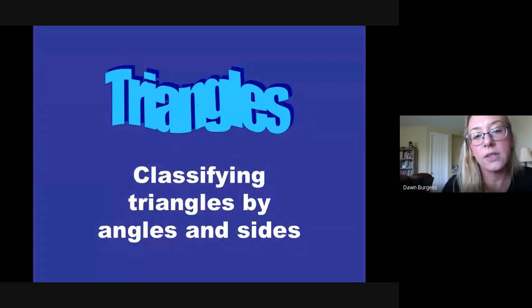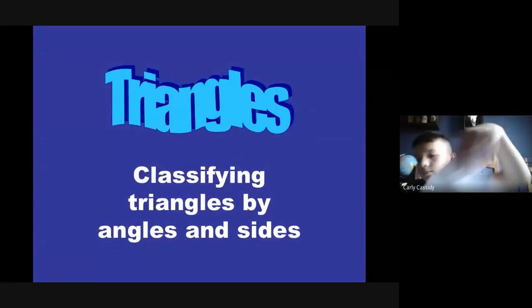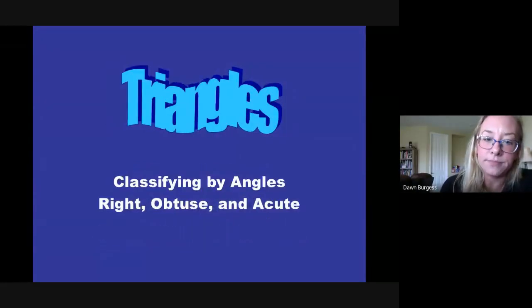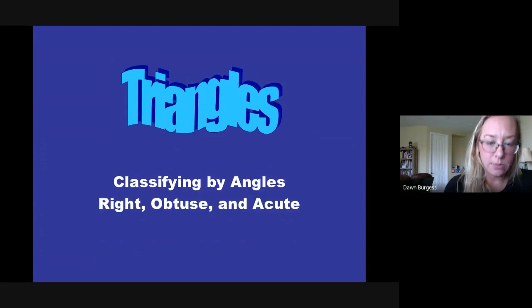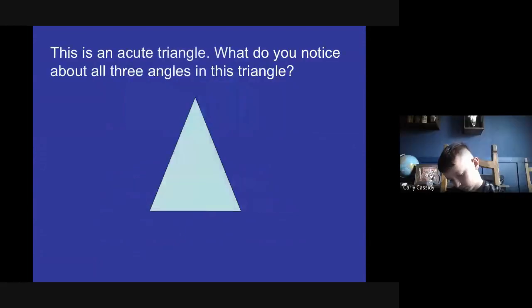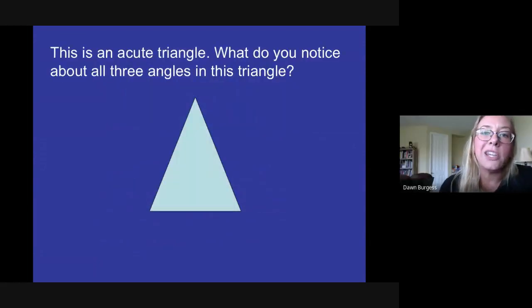Okay, triangles. Classifying the triangles by angles and sides. You're going to use words like right, so our 90-degree angles, obtuse, an angle that's between 90 and 180, and acute, any angle that is smaller than 90 degrees. This is an acute triangle.